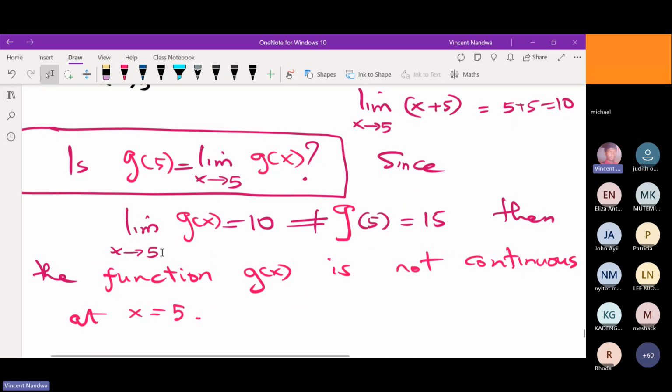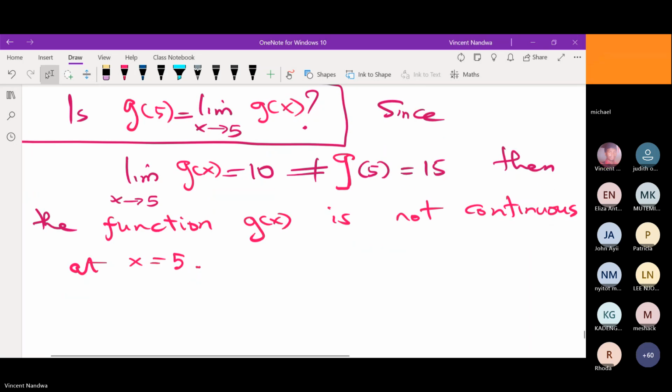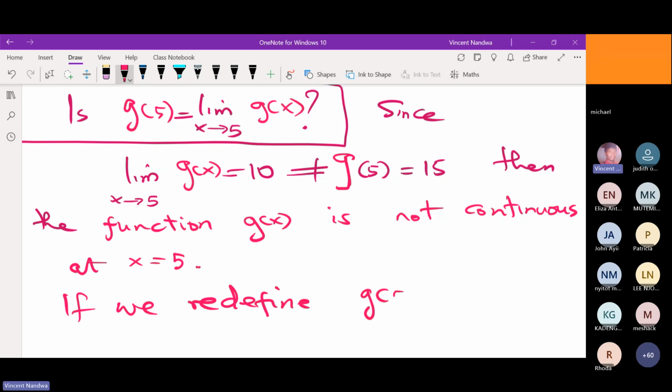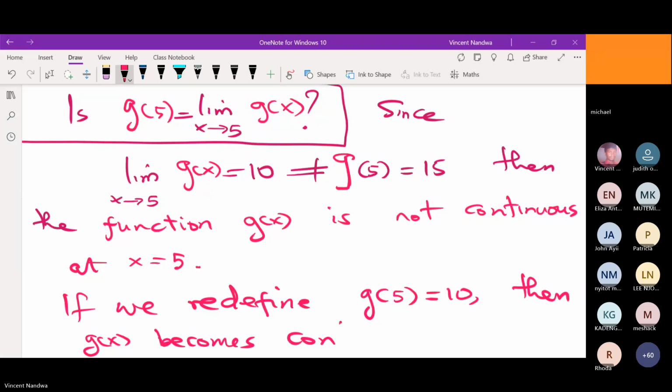Yes. So if we redefine g at 5 to be 10, then g of x becomes continuous.